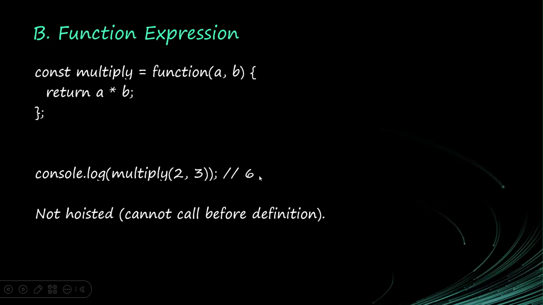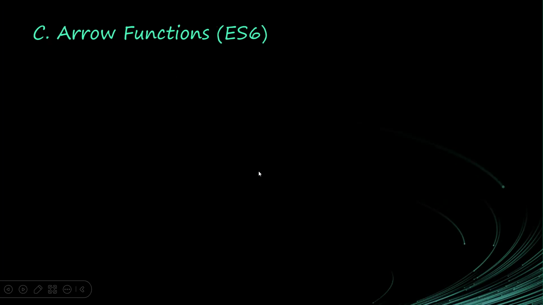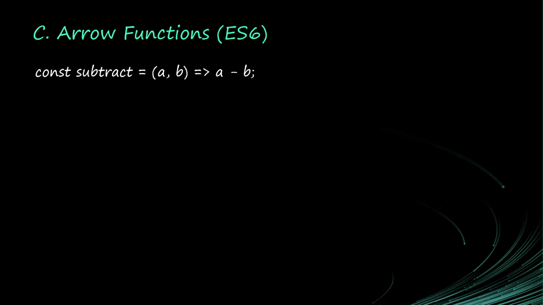Okay. We also have arrow functions. This was added in ES6. So a function can be as simple as this. Look at what we are doing here. This is somehow a function expression, but the function body itself is not the normal function.